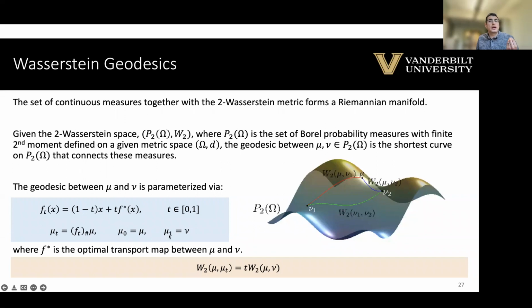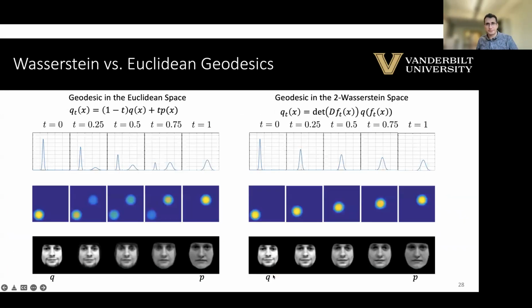And at t equal 1, this mu 1 becomes nu, right? Because it's essentially F star push forward of mu. And we can immediately check also that the Wasserstein distance between mu and mu t is going to be equal to t Wasserstein distance between mu and nu. So this is giving us a parameterization of the shortest path between two distributions.